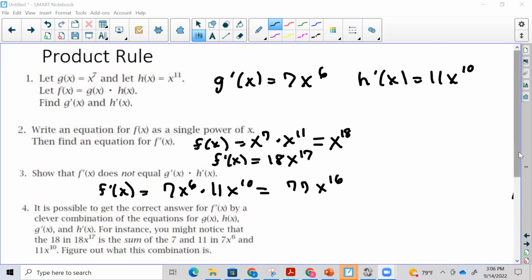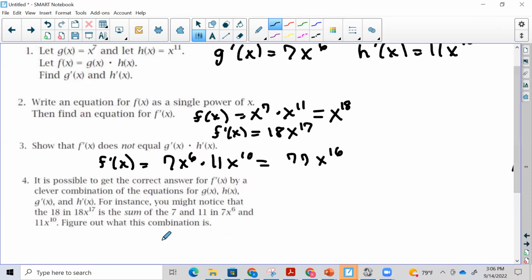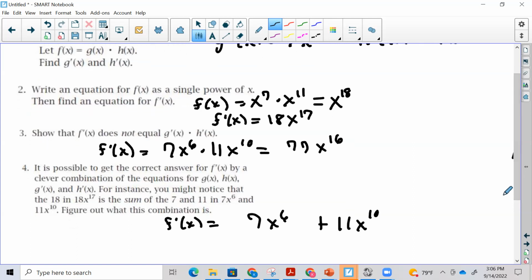Okay, but the problem is if I write just 7x to the 6th and add 11x to the 10th, I can't add them because they don't have the same exponent. And I also want to get it to be to the 17th.